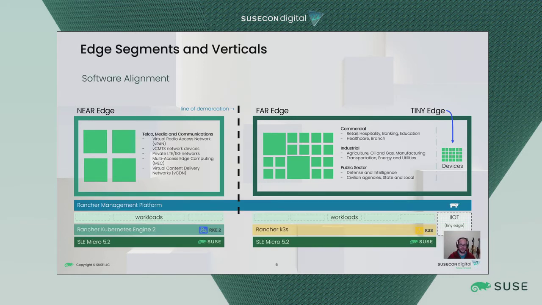So with just the combined portfolio of SUSE and Rancher, we can provide a large portion of the stack needed for each of these verticals. For the near edge, we can use our Rancher Kubernetes Engine version 2 on top of SLE Micro.